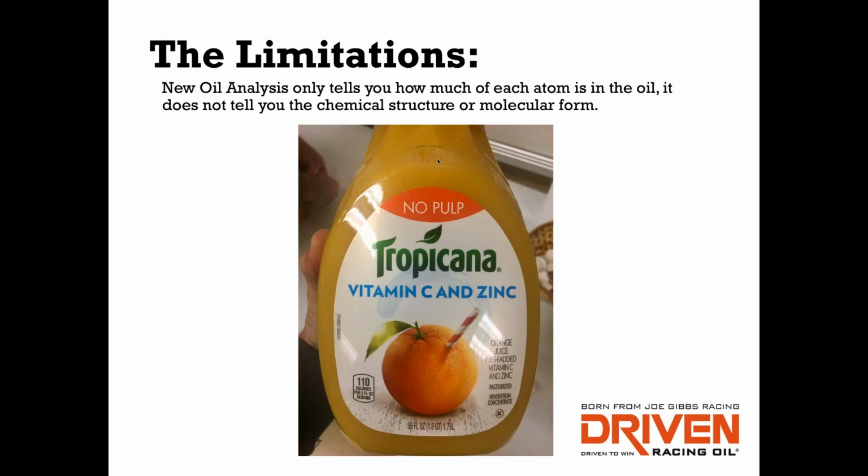So beware of these reports that make claims based on just parts per million or this or that. You really can't interpret what it is because it's not telling you the chemical form that it's taking on to get there. And that's as important as anything else.